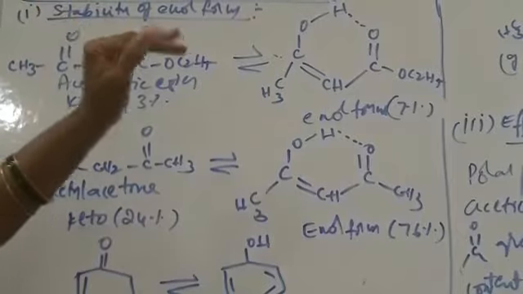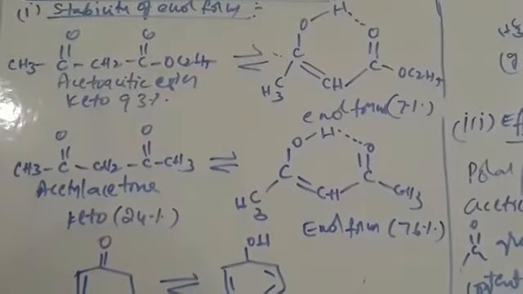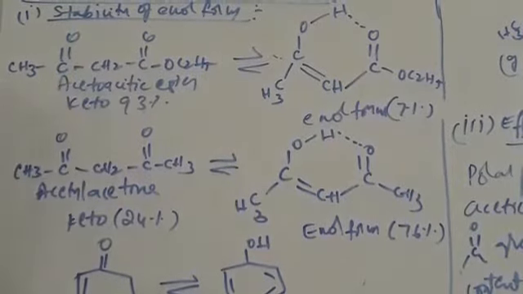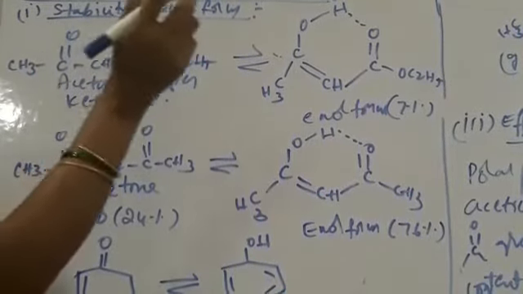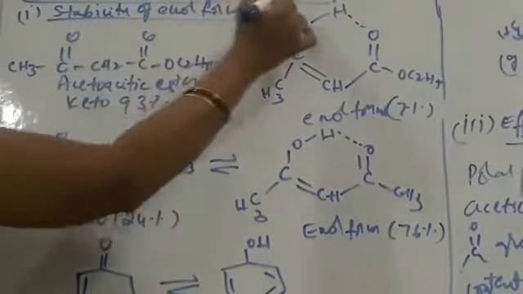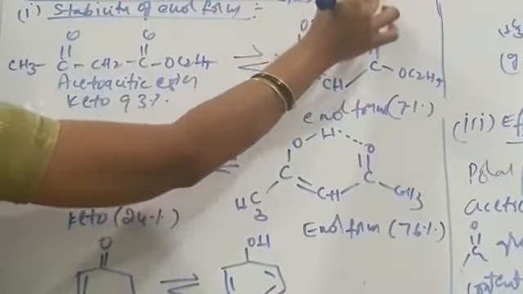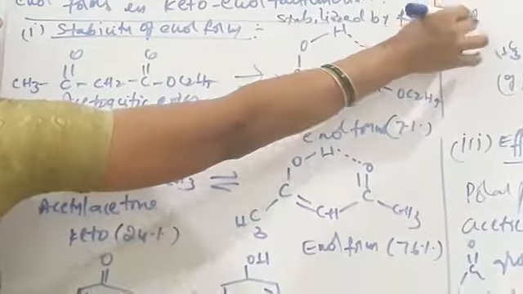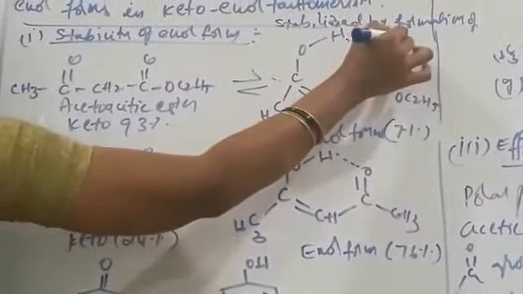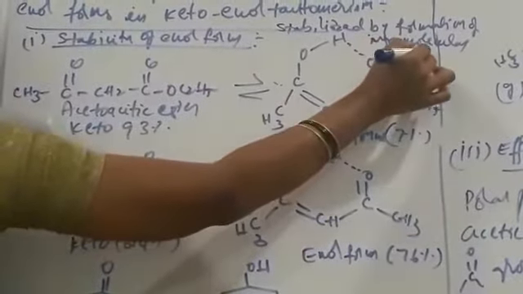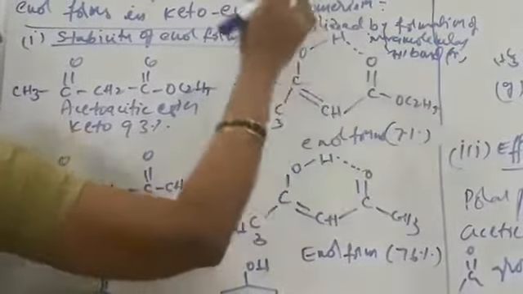One is the formation of intramolecular hydrogen bonds. So the enol form is stabilized by the formation of an intramolecular hydrogen bond or by conjugation.